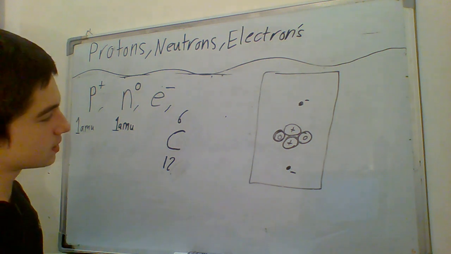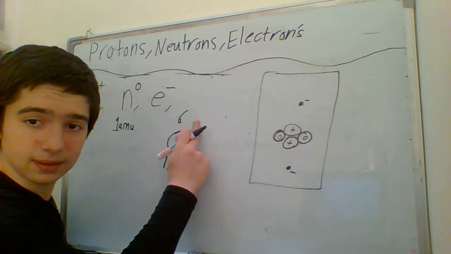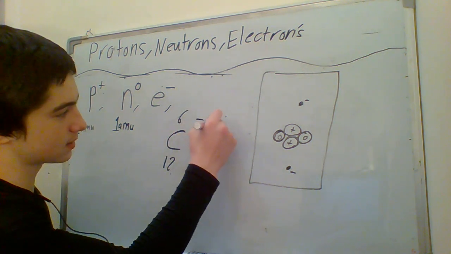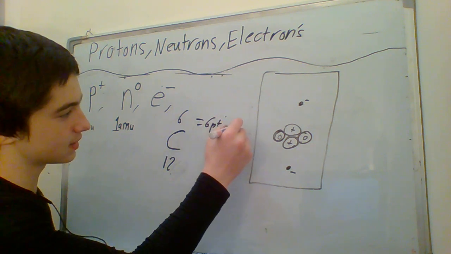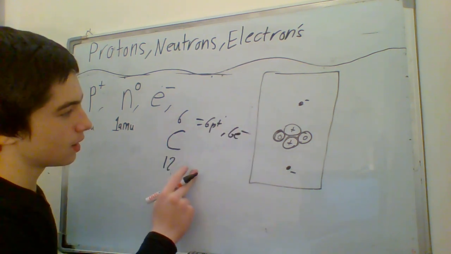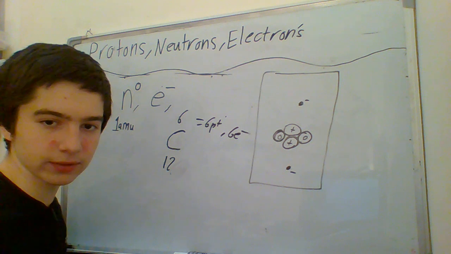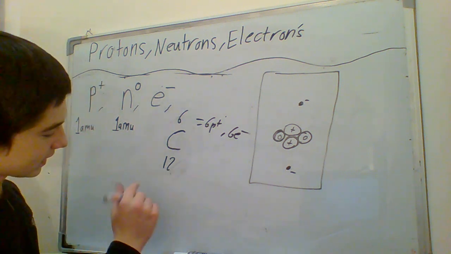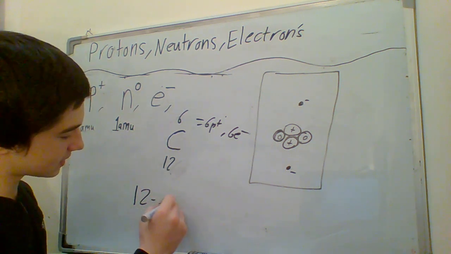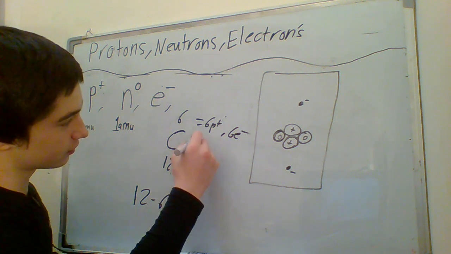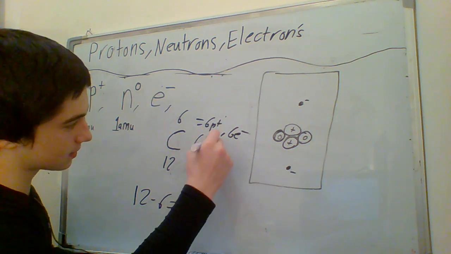So we know that the number of protons equals 6, and the number of electrons is 6 because it's neutral. But what about the number of neutrons? How can we calculate that? Easy. We take 12 minus 6 equals 6. So the number of neutrons equals 6. That's the way.